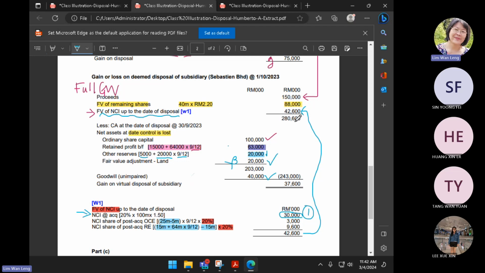So you have everything over here. Then this is just the computation of the net worth, including the unimpaired goodwill that now you need to dispose of. So your gain on the disposal of this particular subsidiary is 37,600. Do you get that?